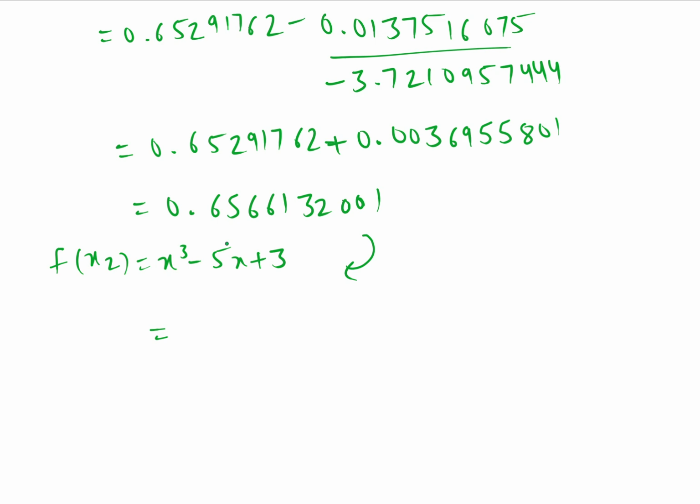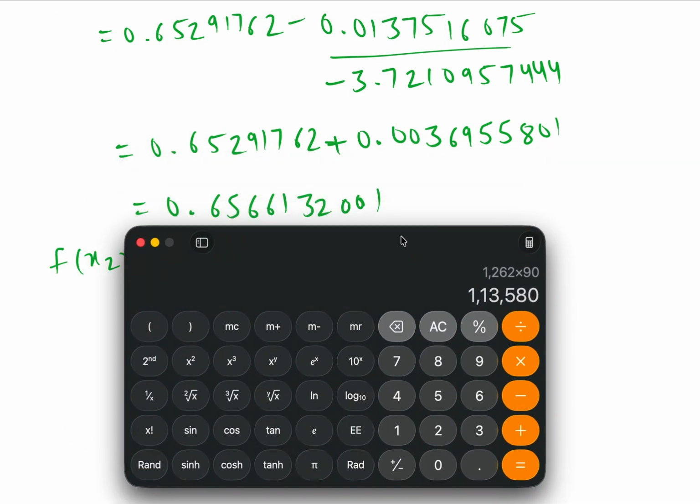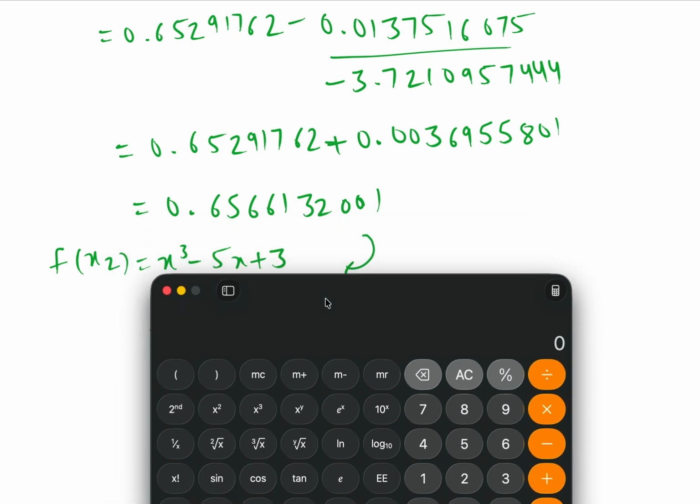Have I made some mistake here? x cube, 0.656613201 cube minus 5x.